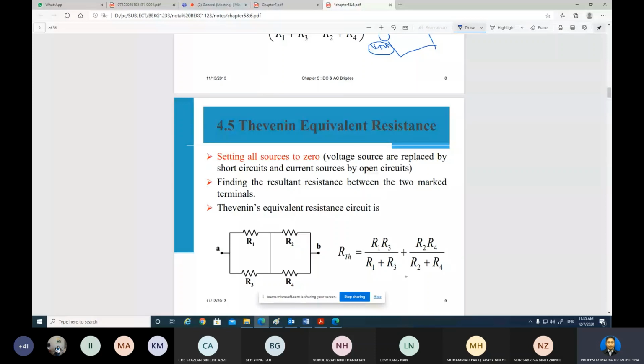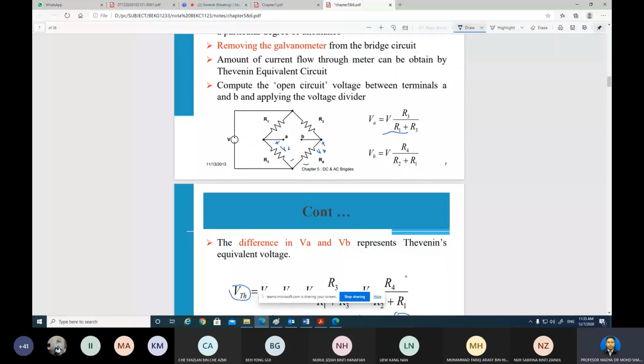On the Wheatstone bridge here, this one will be short. If this one were a current source, it would be open circuit. But here the Wheatstone bridge has a voltage source, so it will be a short circuit, and we get it like this.